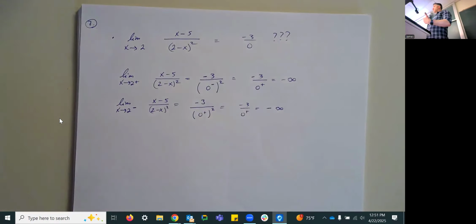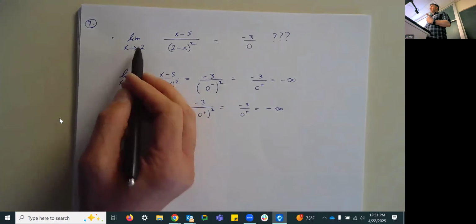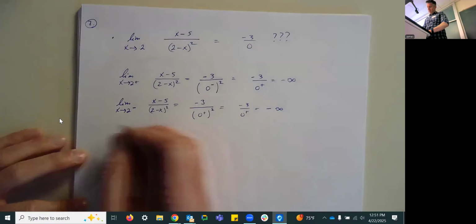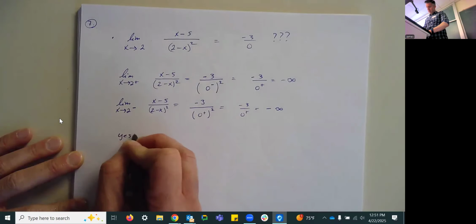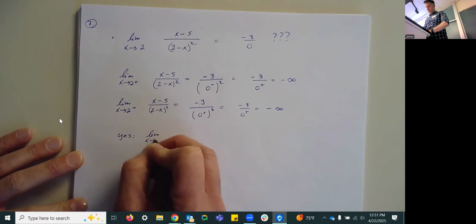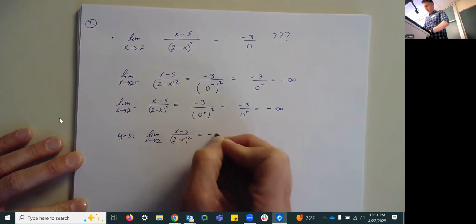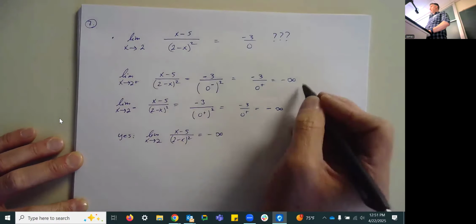And in this case, since the left-hand side limit and the right-hand side limit are both going towards the same type of infinity, we would also say that the double-sided limit is also that value. The limit is negative infinity. So we would say, yes, the limit as x approaches 2 from both sides of x minus 5 over (2 minus x) squared is also negative infinity.